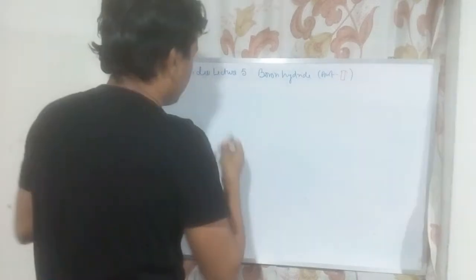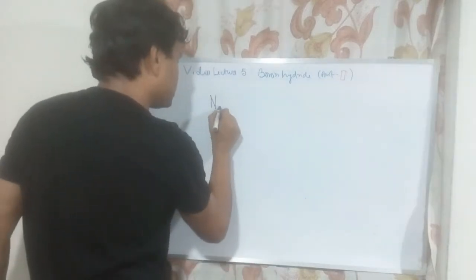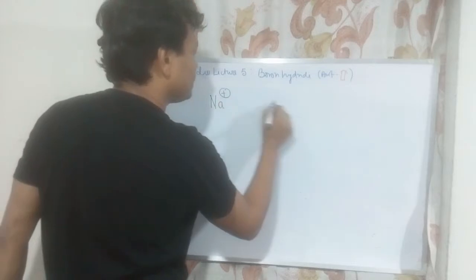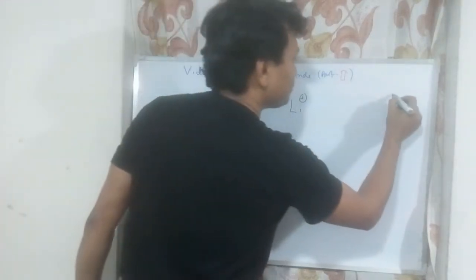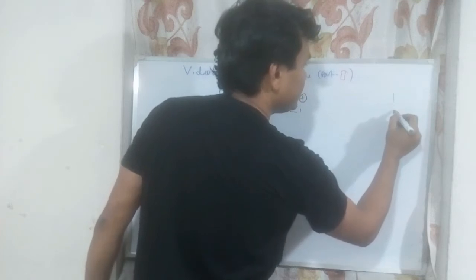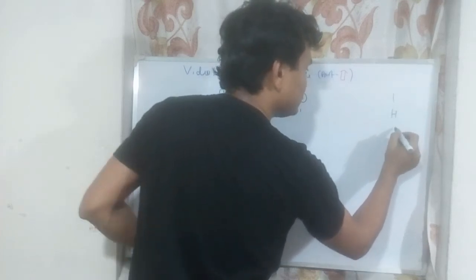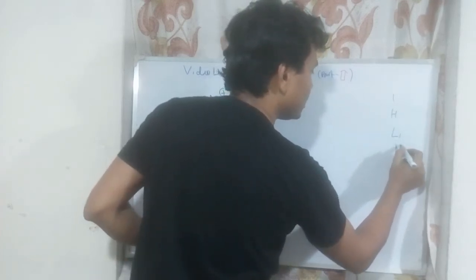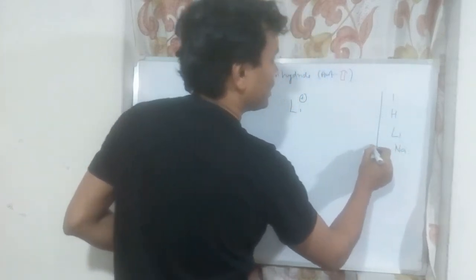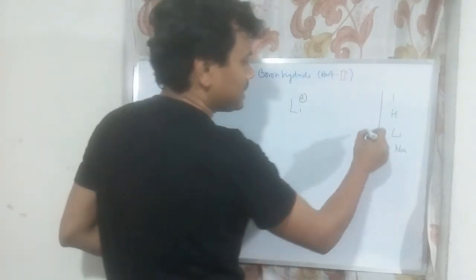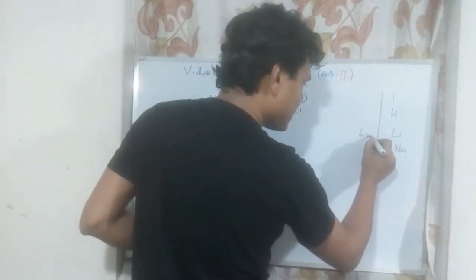How? Let's compare the sodium and lithium first. We know if we go along the first period, first is hydrogen, then lithium, then sodium, and we know that going down a group in the periodic table, size increases.